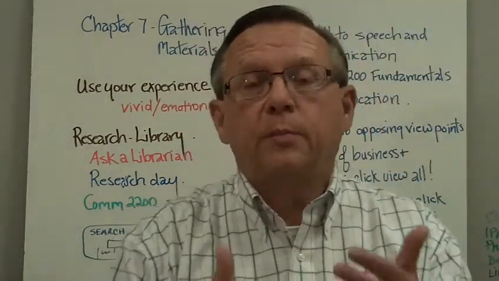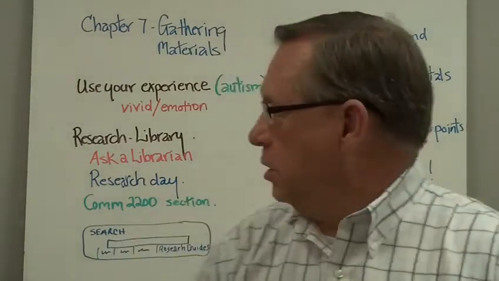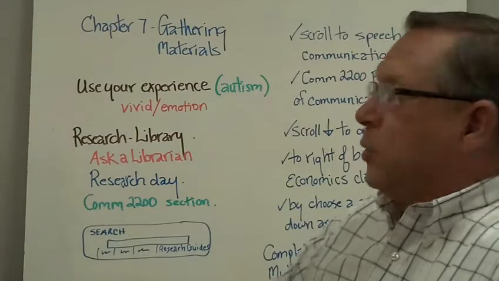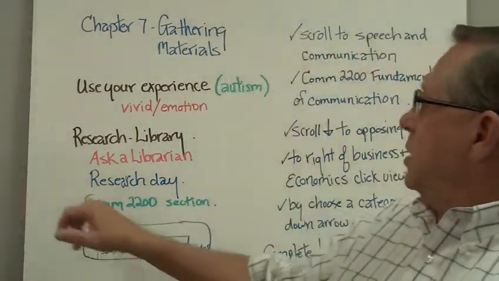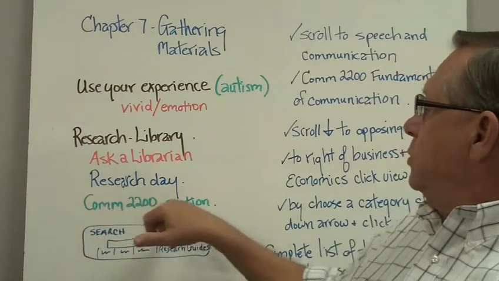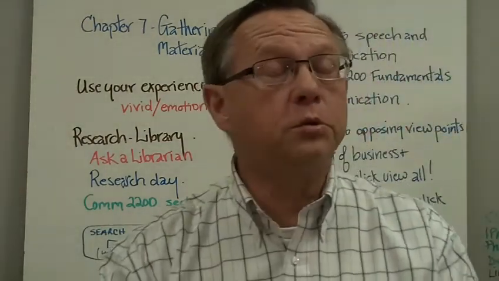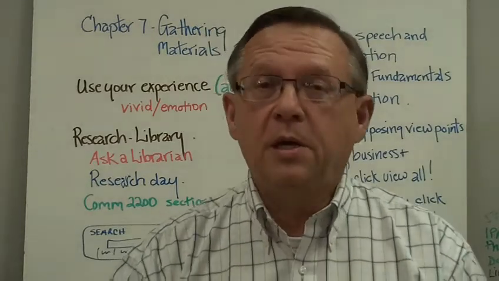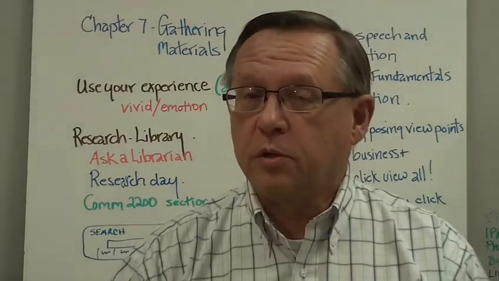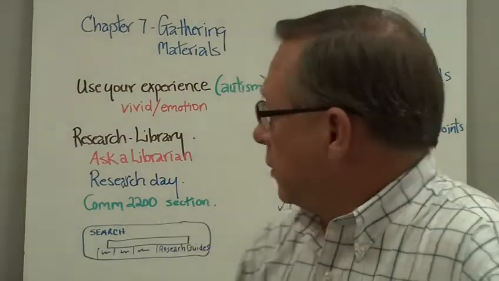I will have a librarian come in and explain how you can find a lot of information for your speech. But one of the things the library has done very well for us is they've created a COM 2200 section. And in that section there are all types of sources that you can use for your speech. We really appreciate the work they've done on that.